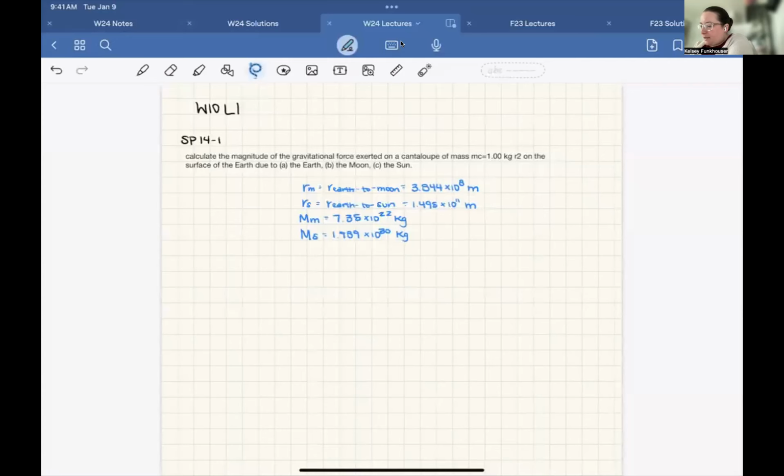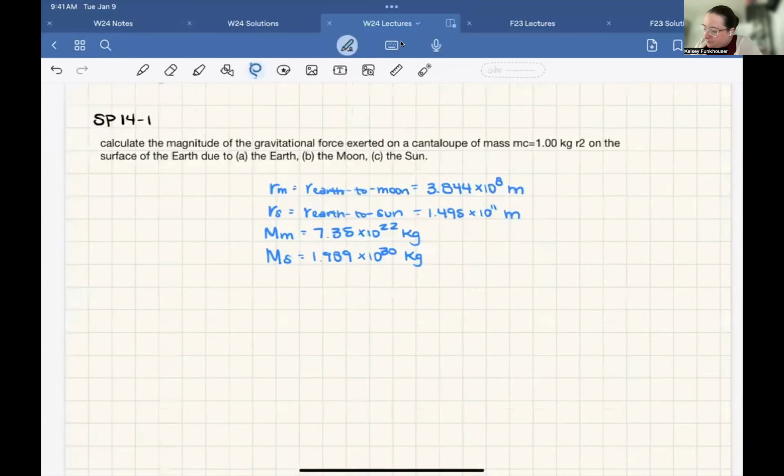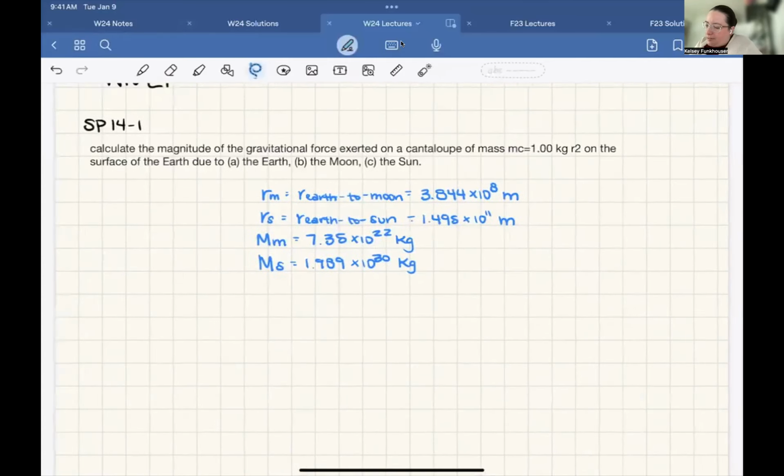Okay, I wrote the relevant variables for us ahead of time. So remember, our equation is G m over r squared. So for A, we want to know the force from the surface of the Earth.